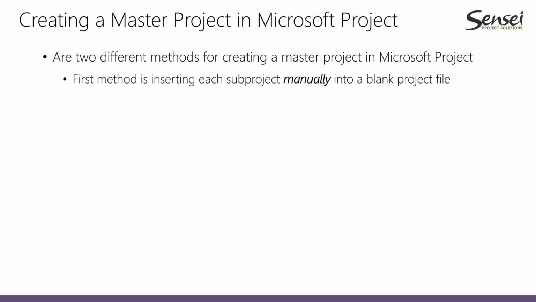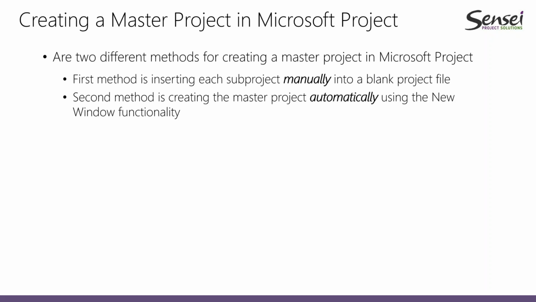The first method is to insert each sub-project manually into a blank project file. And that's the method that most people know about if they've been working with master projects previously. But there's another way. This is secret forbidden knowledge, so everybody pay attention.